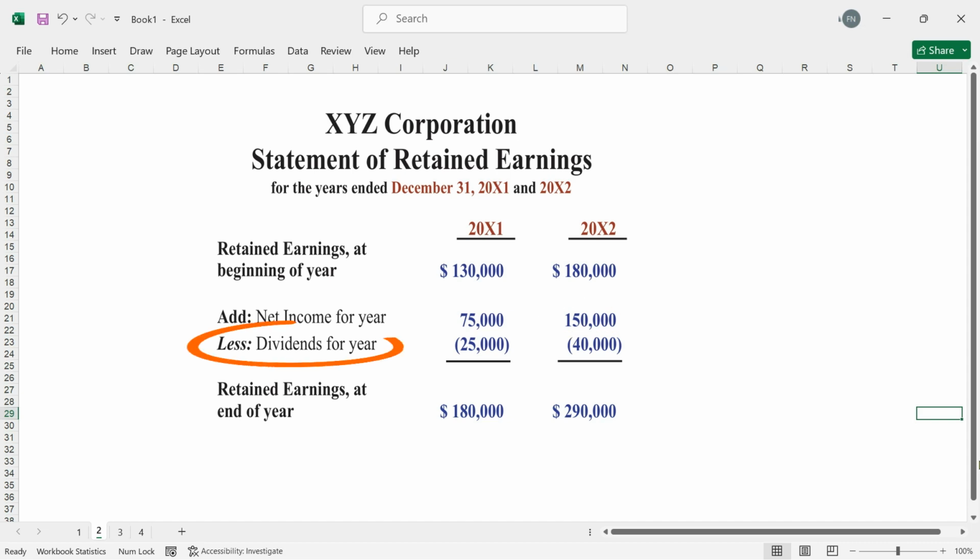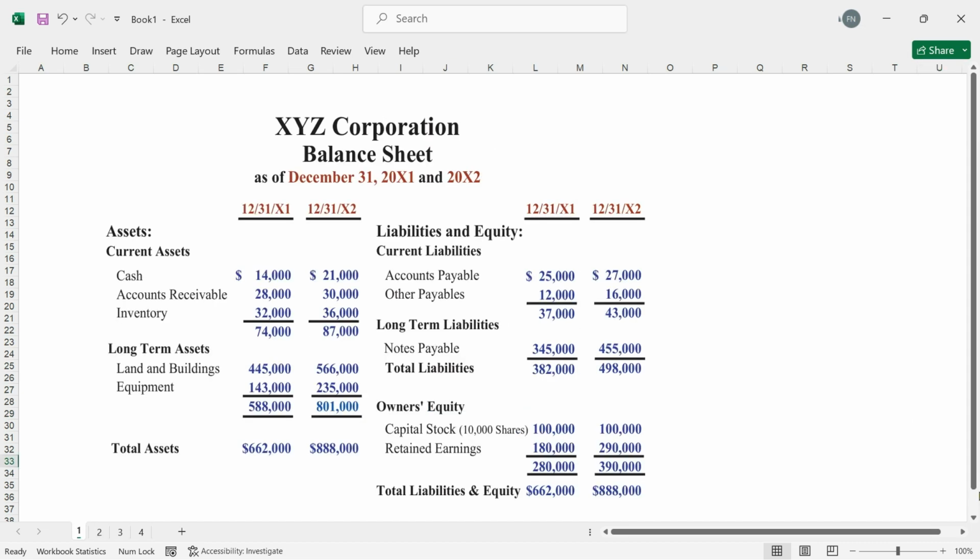And so any dividends paid out during the year would be a reduction in the balance of retained earnings, therefore yielding to us the ending balance of retained earnings at the end of this year, 20X2, which amounts to $290,000. And if we go back now and look at the balance sheet that we had previously looked at, we'll see that the ending balance of retained earnings for 12/31/X2 is $290,000.